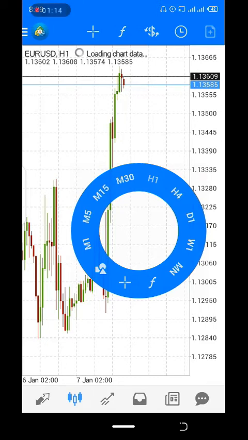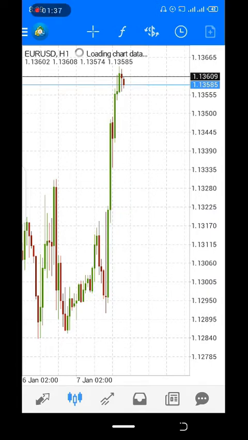So we have 5 minute time frame, 15 minute time frame, 30 minute time frame, H1 1 hour time frame, H4 4 hour time frame, D1 daily time frame, W1 weekly time frame, MN, which is a monthly time frame.